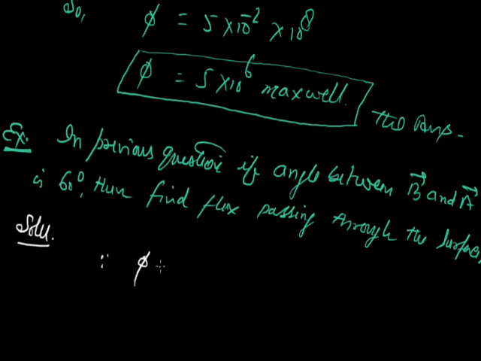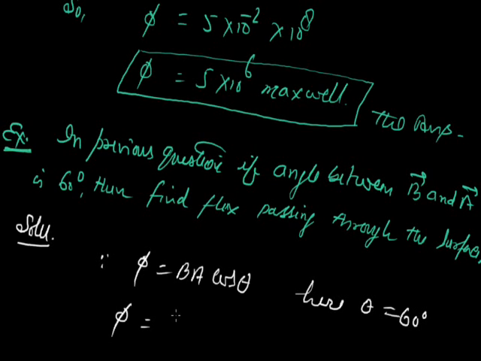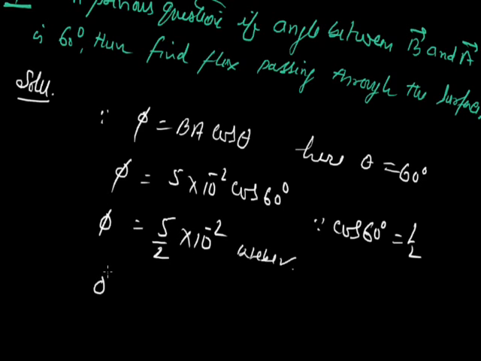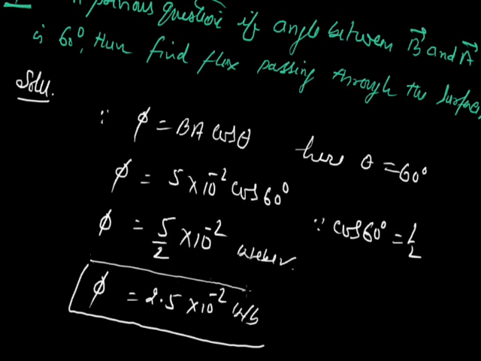Because phi is BA cos theta, here theta is 60 degree, so phi will be 5 into 10 raised to the power minus 2 into cos 60. Cos 60 is 1 by 2, so phi will be 5 by 2 into 10 raised to the power minus 2 Weber, or phi is 2.5 into 10 raised to the power minus 2 Weber. The answer.